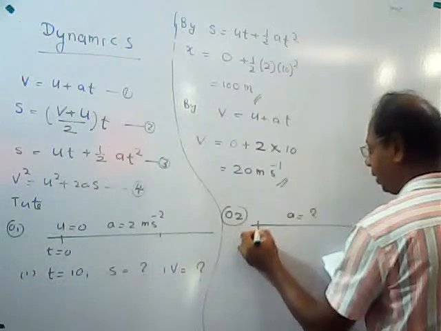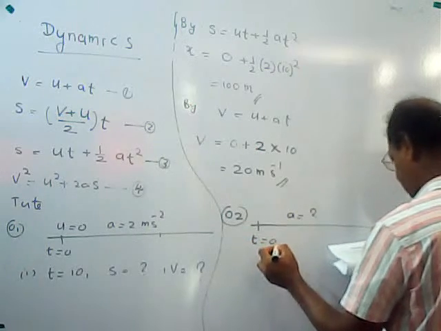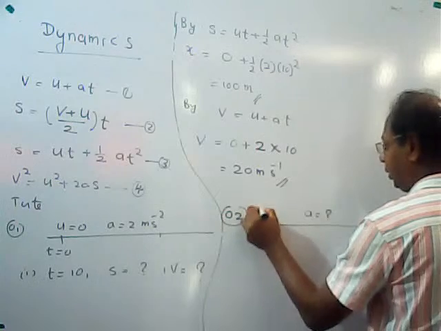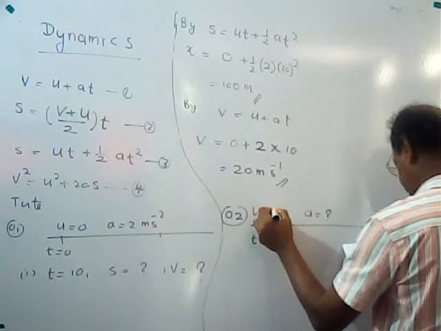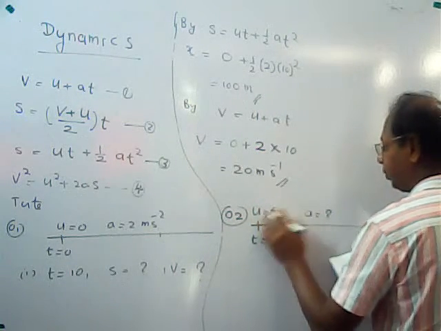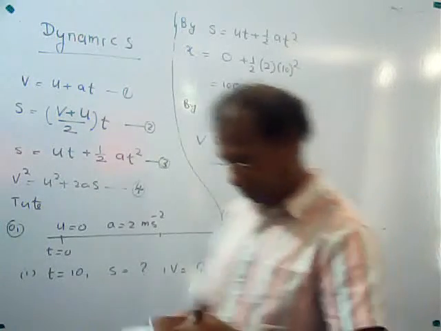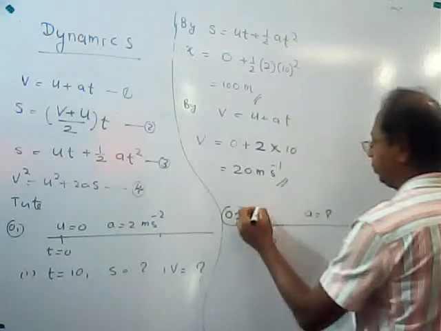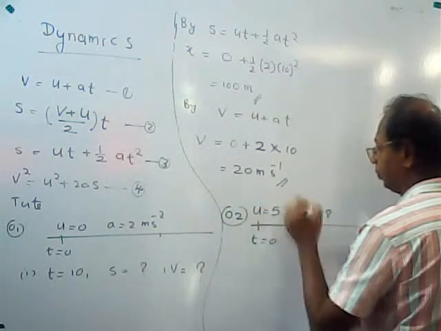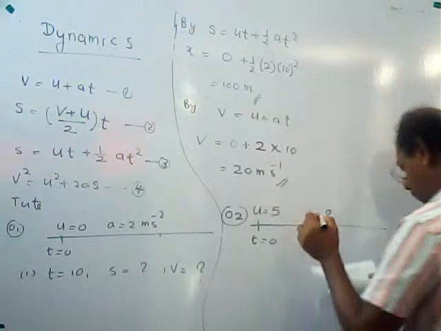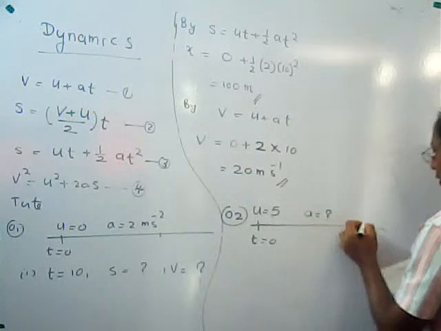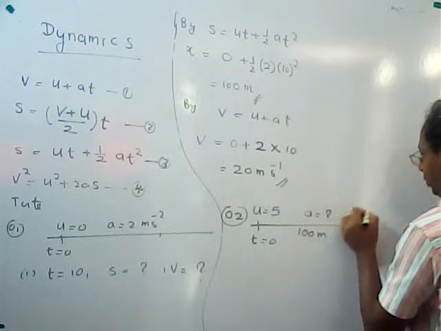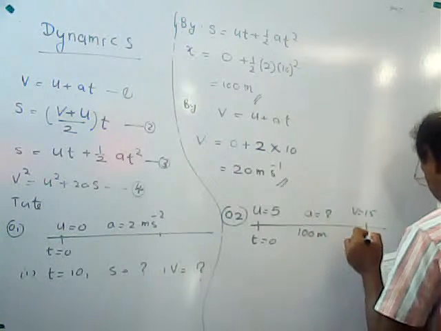It crosses a particular point at t equals 0, speed is 5 m s minus 1. And after traveling 100 meters, speed is 15 m s minus 1.